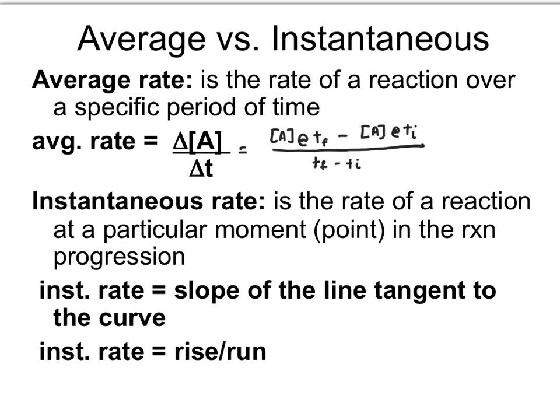So calculations-wise, we're going to take the concentration of our reactant or product at the final time, whenever we're stopping our analysis, minus the concentration of our reactant or product at the initial time that we start looking at. Now that's going to be divided by the difference in times, final minus initial.